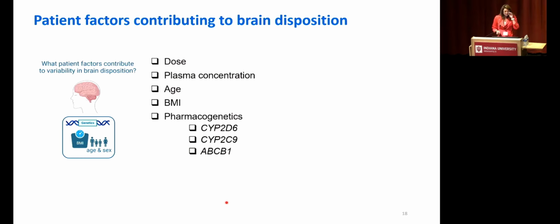We can also begin to look at things like what are the patient factors that might contribute to brain disposition. We did this by looking at dose, plasma concentration, age, BMI, and several pharmacogenetic relationships known to impact fluoxetine disposition. ABCB1 is the gene that encodes for PGP, and fluoxetine is a PGP substrate.